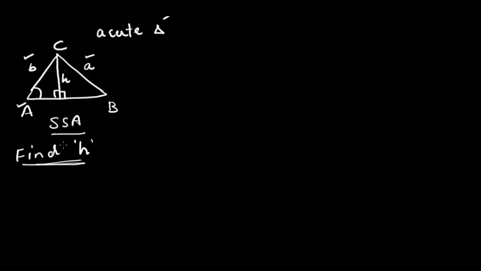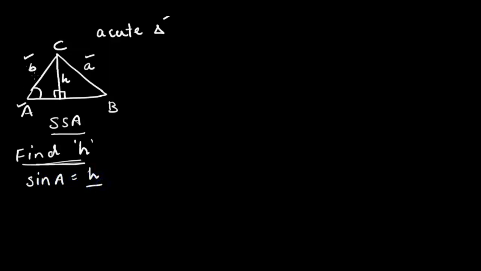Now how do we find out the value of h? We know h is the perpendicular, so this triangle is a right triangle. We already know the side b and angle A. Therefore, to find out the value of h, we can apply the sine ratio because this is a right triangle. So we can say sine A is equal to opposite over hypotenuse.